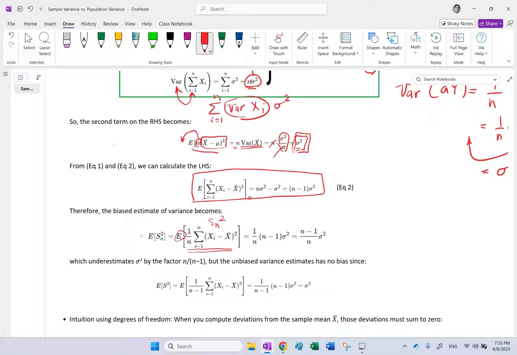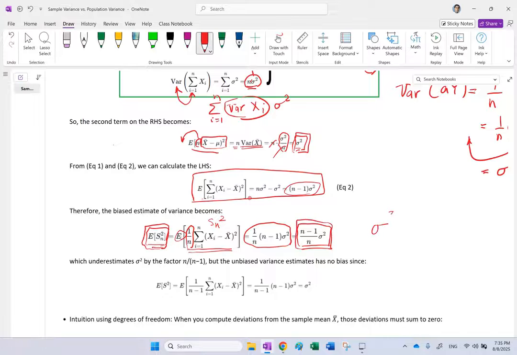The expected value of Sn squared is equal to 1 over n times this, which is n minus 1 times sigma squared. There we go. So this is the final result. What is the expected value of the biased sample variance? It's n minus 1 over n times sigma squared.